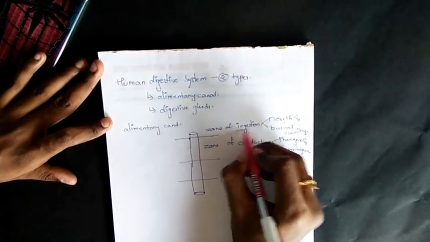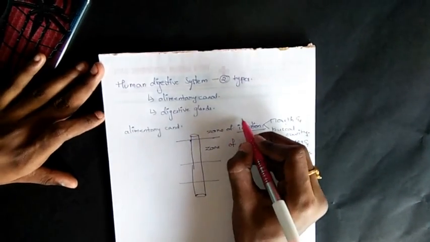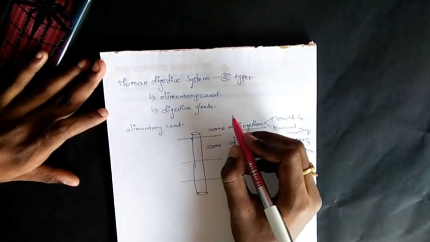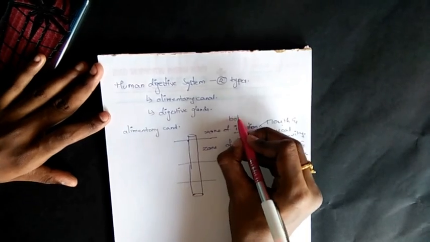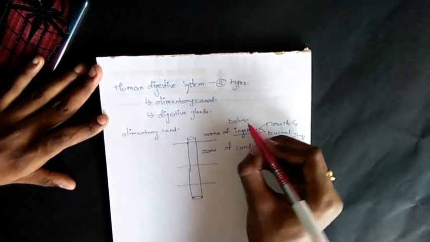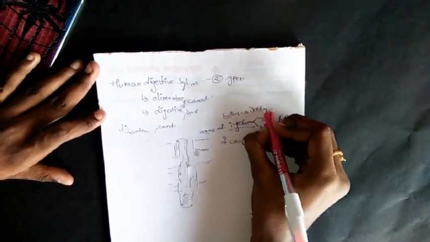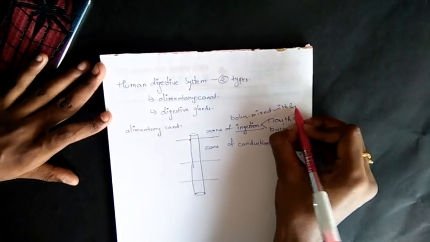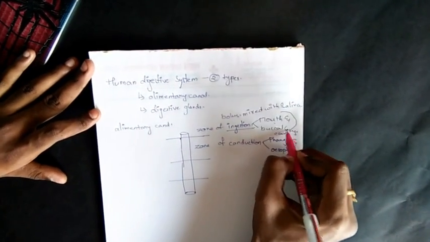In the zone of ingestion, the food which we intake is chewed and formed into bolus, mixed with saliva thoroughly, and engulfed into the buccal cavity.